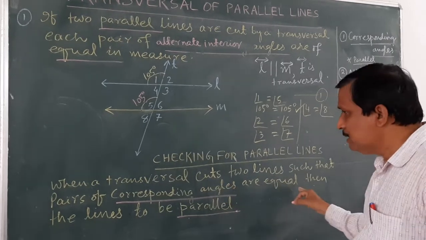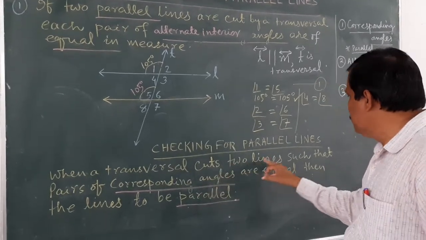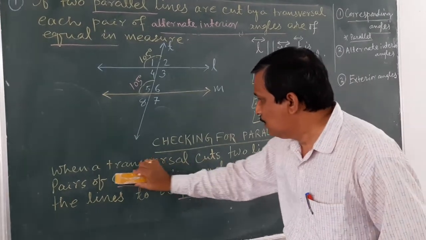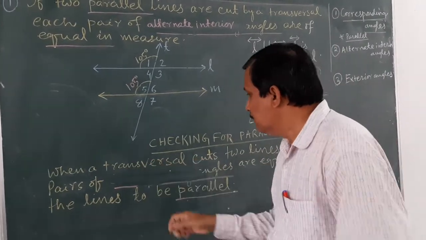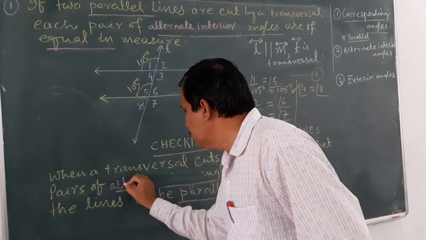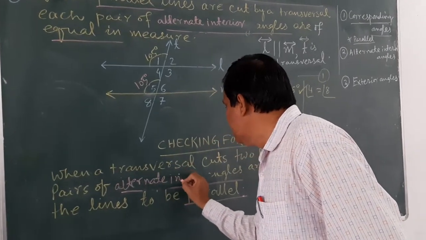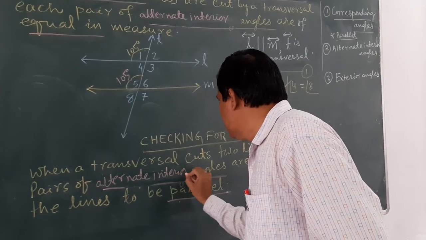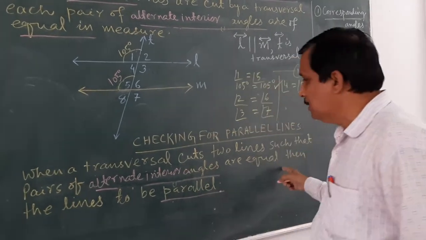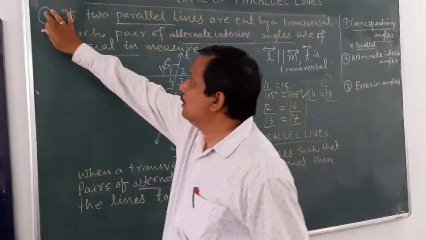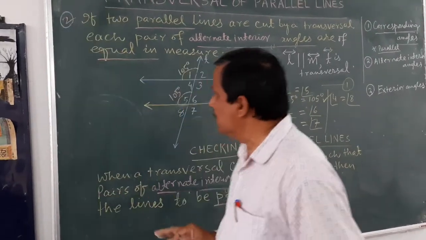Similarly, here also, when a transversal cuts two lines so that the pairs of alternate interior angles are equal, then the lines are parallel. This is the second theorem, and this is the converse of the second.